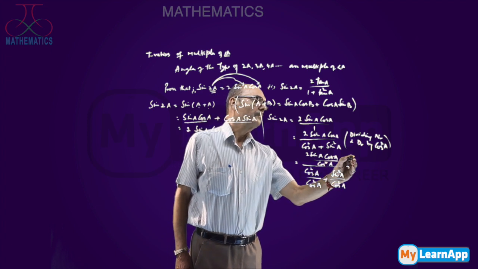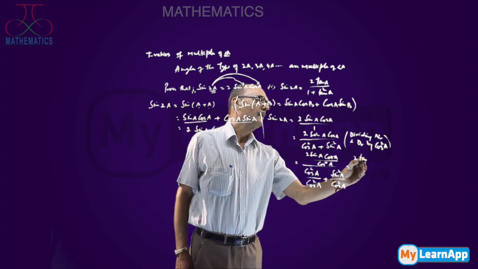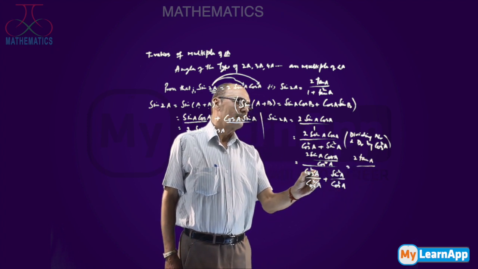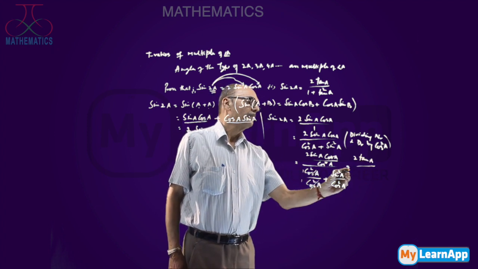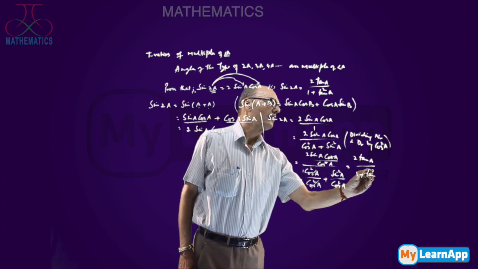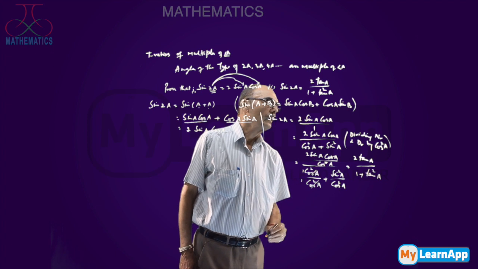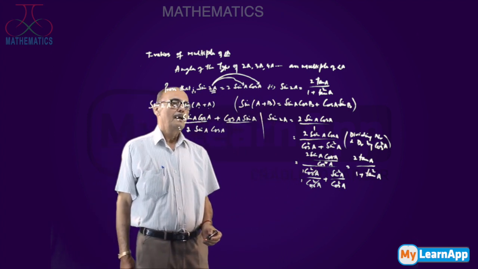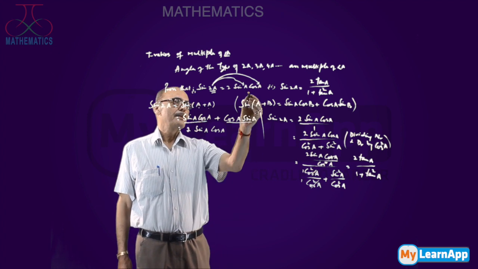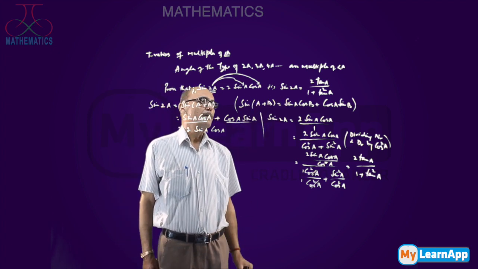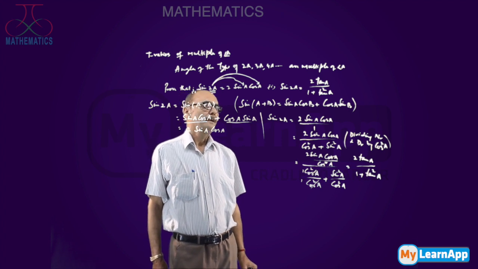In the numerator, we have tan of A, and in the denominator, this cos square gets cancelled. So, this is 1 plus tan square A. So, these two formulas are very frequently used in different problems in mathematics and calculus.